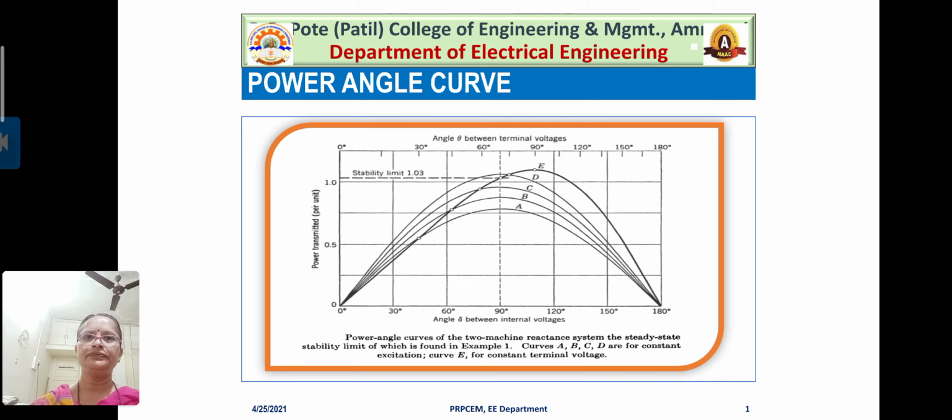So here, the same power angle curves have been shown. You can observe these carefully: A, B, C, D, E. Once you observe this carefully, you understand to what extent the excitation voltage can be increased.